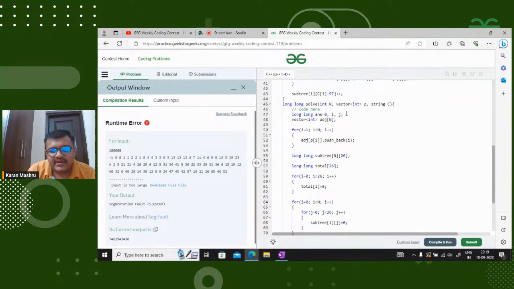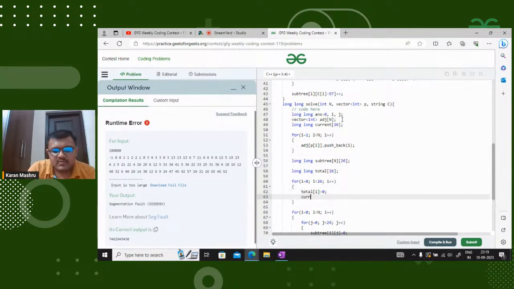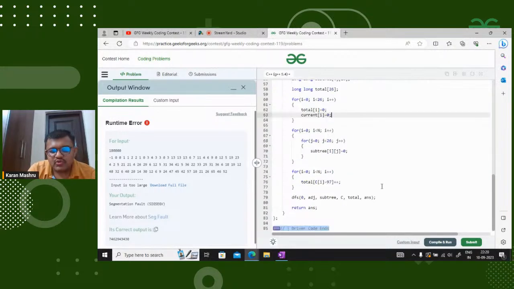Okay, so let us take long current of size 26, current of I equals 0. So for the first node we will pass... let us remove this subtree part.